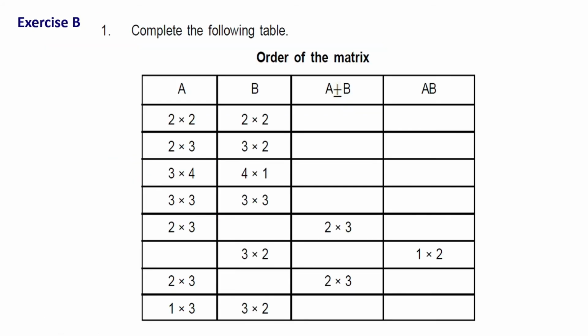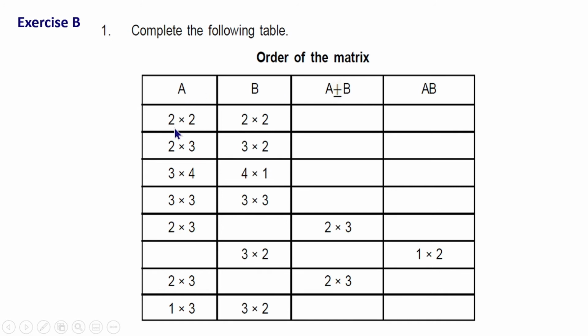Now moving on to the exercise question. Here we need to complete the following table. We are given two matrices A and B, and we have to write the order of A plus or minus B and AB, the product of the matrices A and B. Here we know that for A plus or minus B, the order has to be the same.